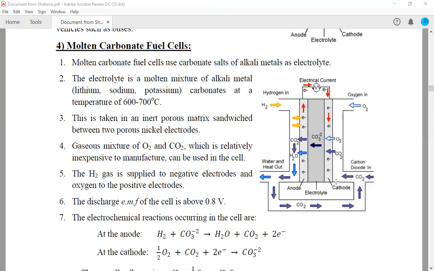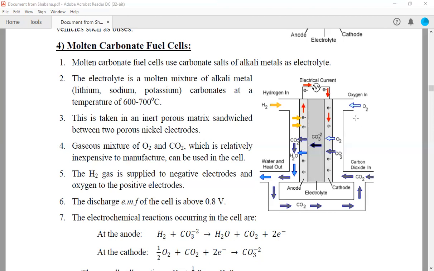A gaseous mixture of oxygen and carbon dioxide, which is relatively inexpensive to manufacture, can be used in the cell. That means towards the cathode, the oxygen gas enters from the top of the apparatus and the carbon dioxide from the bottom.